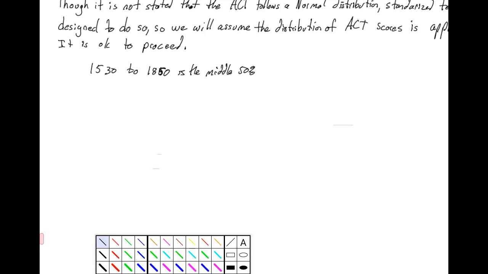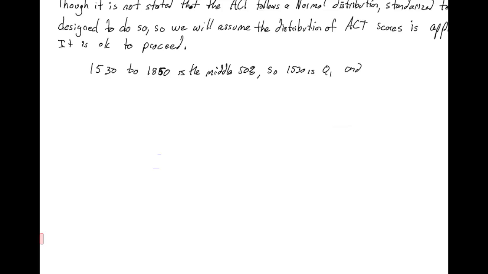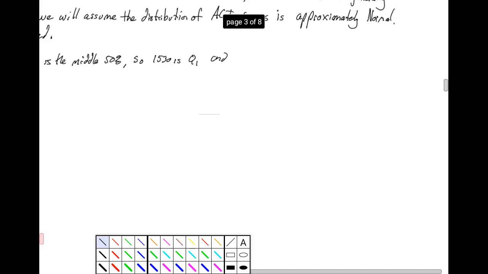So the upper 25% has to be above that 1850. So really, 1530 is Q1, and 1850 is Q3. So we're looking for the chunk above it.